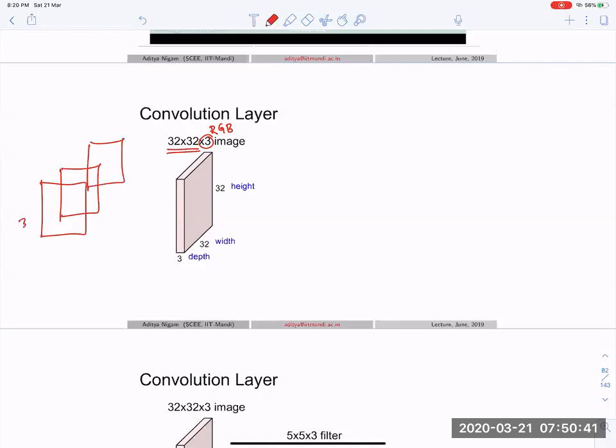Suppose this is 32 by 32, then this is also 32 by 32, and this is also 32 by 32. So your dimensions are going to be 32 by 32 by 3. That is your input dimension. And 3 is actually the depth, the RGB depth. So here you can see that this is my 32 by 32, and this is the depth that I am talking about.